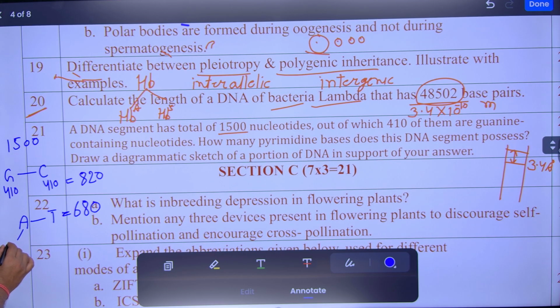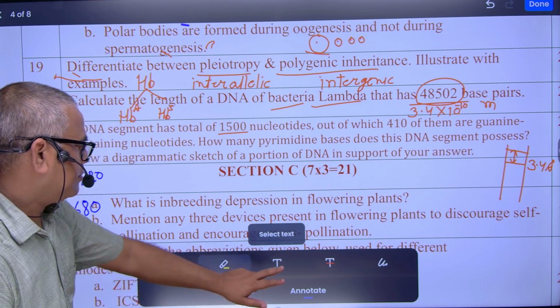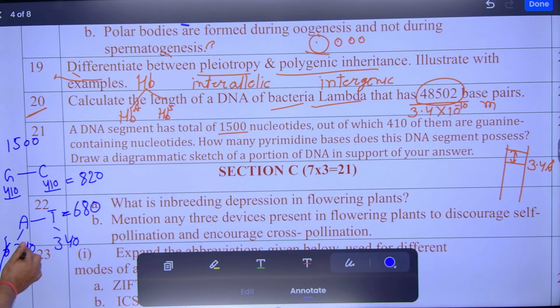Adenine will be half of that, 340, and thymine is also 340. So guanine is 410, cytosine is 410, adenine is 340 and thymine is 340.